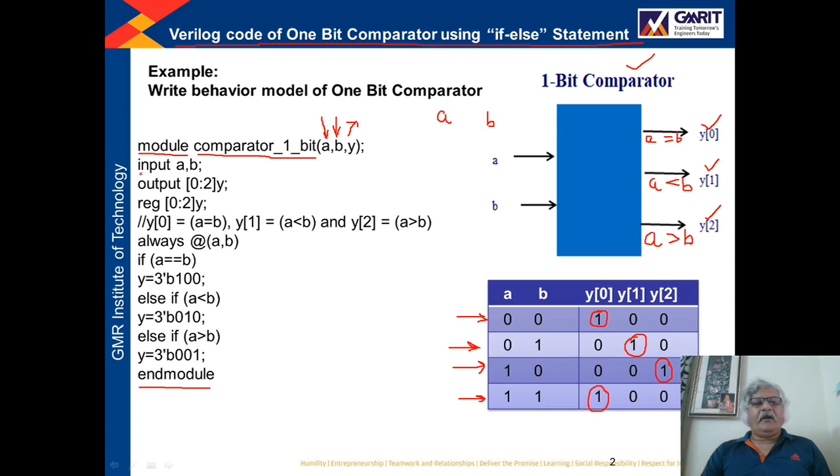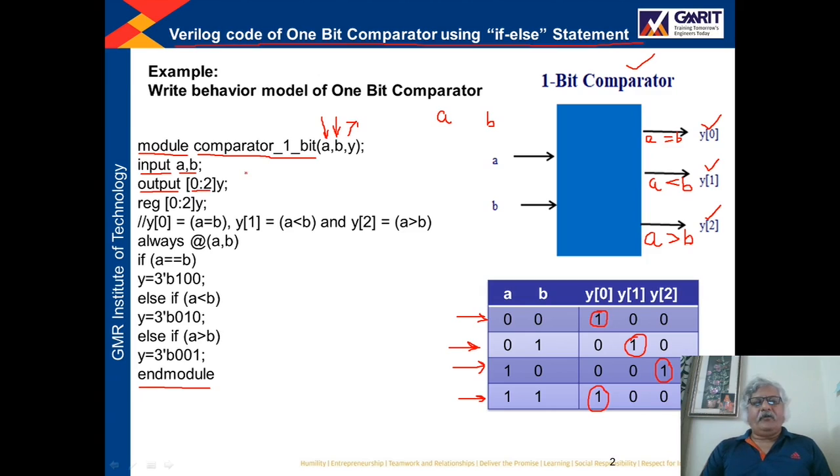Now the next statement, input A comma B. By this we declare the A and B ports as input ports. Then output, square bracket 0 colon 2.